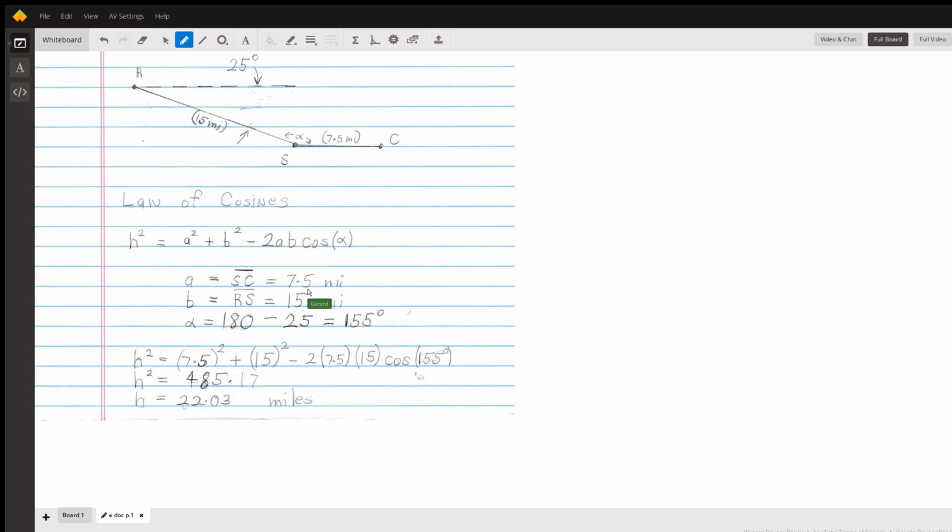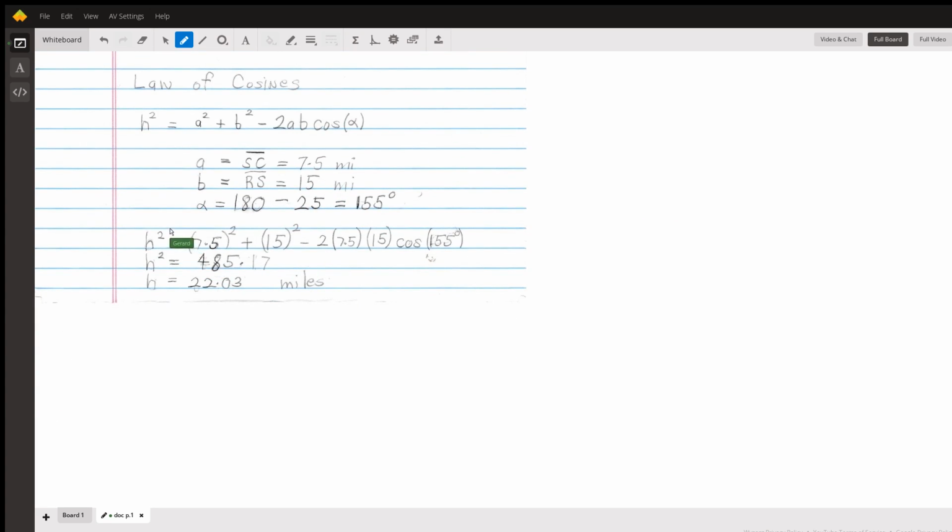Again, SC is 7.5 miles, as shown on the diagram, and RS is 15 miles. If we fill those values into the law of cosines equation, here you have your a squared, your b squared, minus 2ab cosine of, again, 155 degrees.